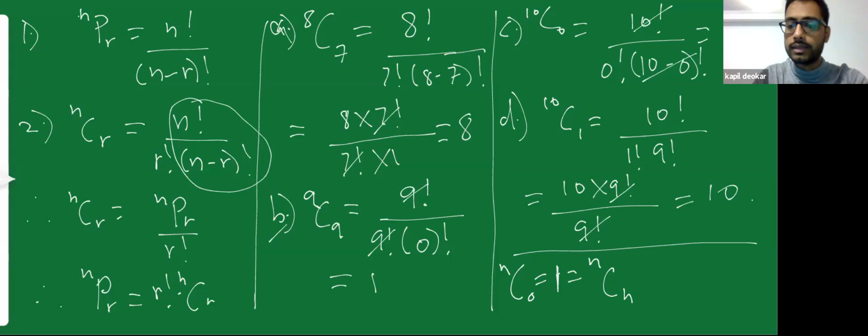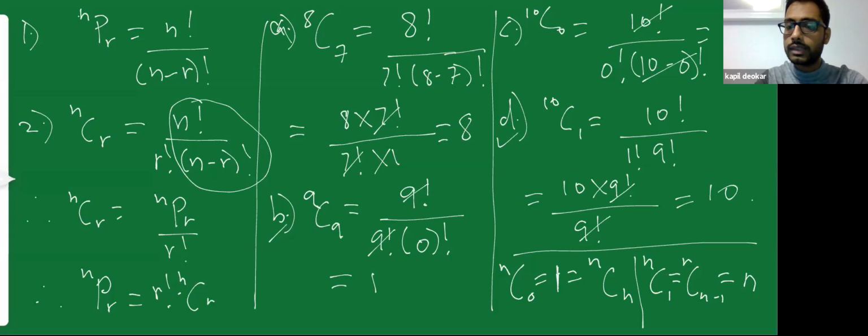Okay. Is there any other shortcut or formula that will help you to solve easily? Yes. The value of nC1 and the value of nC(n minus 1) is always equal to n. Okay, what does that mean?